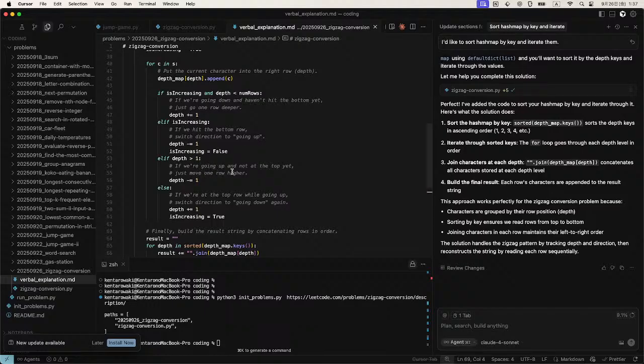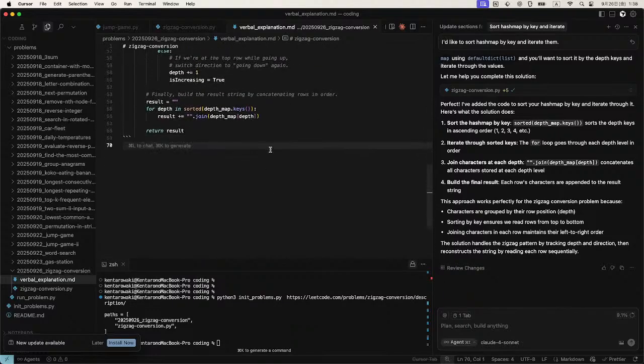We are going up and not at the top yet. We are at the top row while going up, switch direction to going down again. Okay.